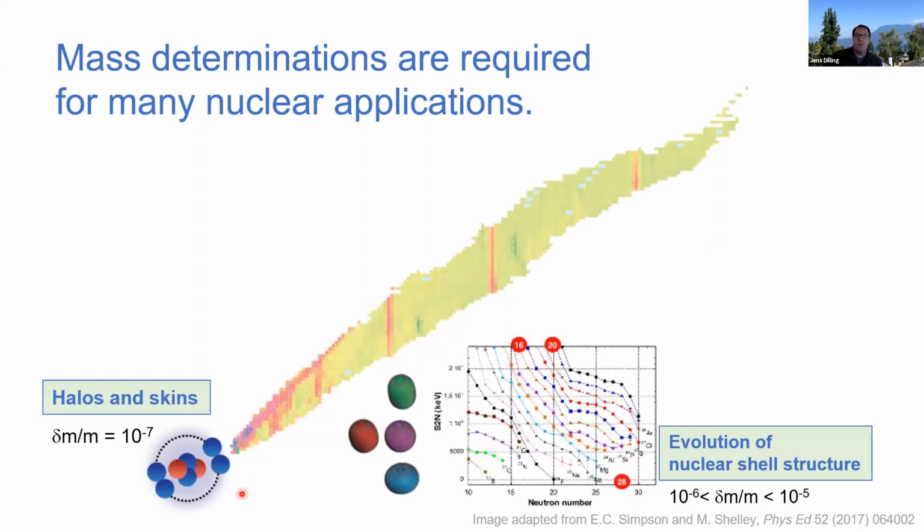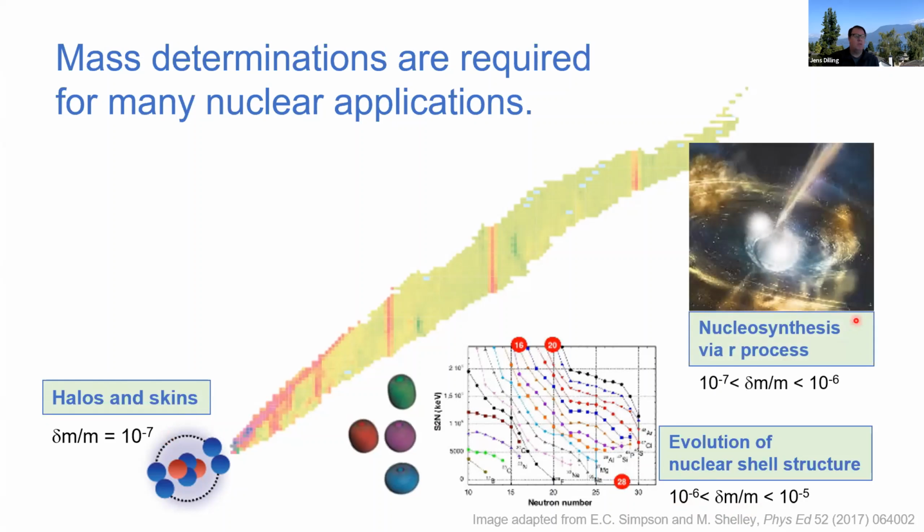For very special features in nuclear structure, like halos and skins, you need to up your game and improve your precision to 10^-7. Similarly, for nuclear astrophysics, nucleosynthesis, here specifically the r-process, somewhere between 10^-6 and 10^-7 is needed.